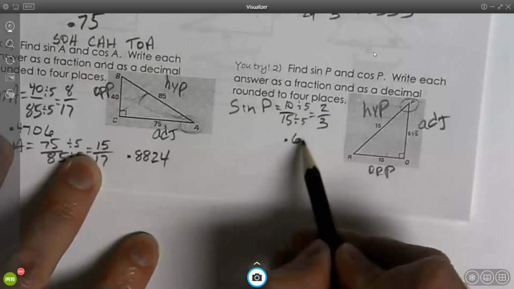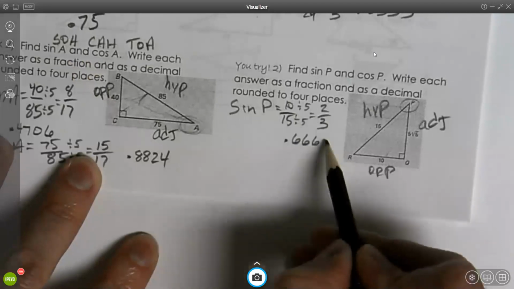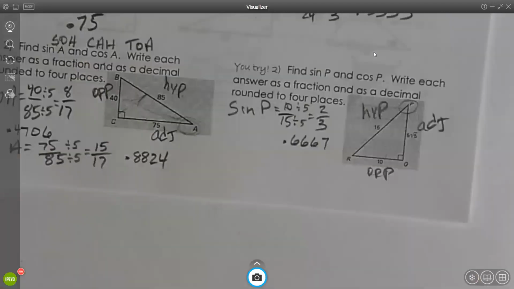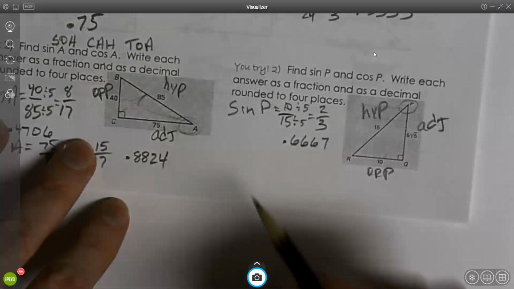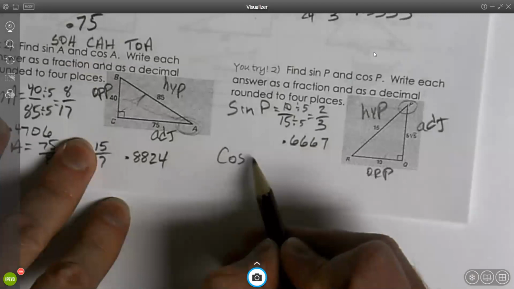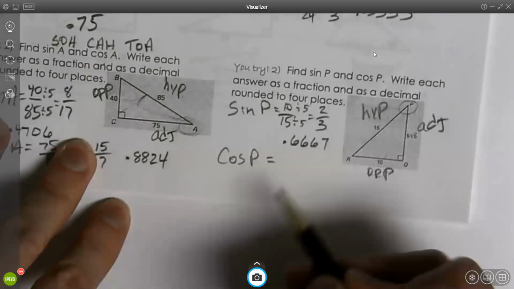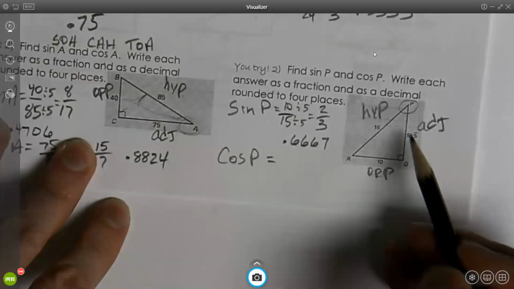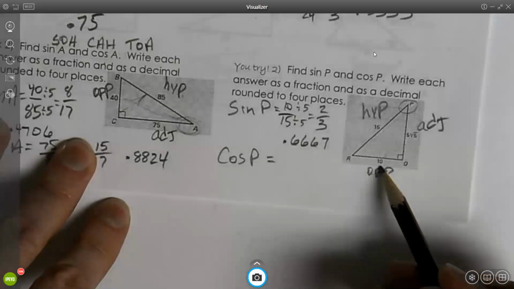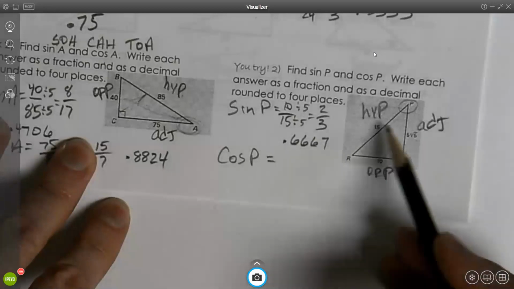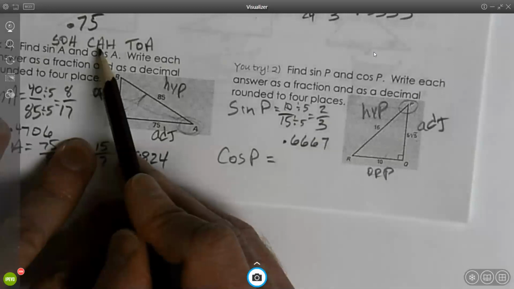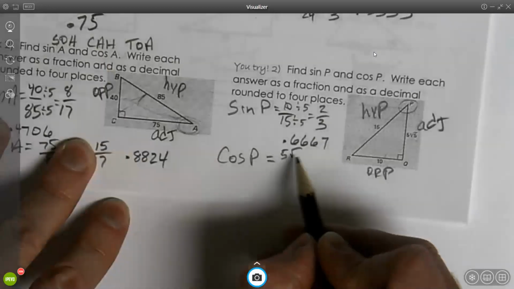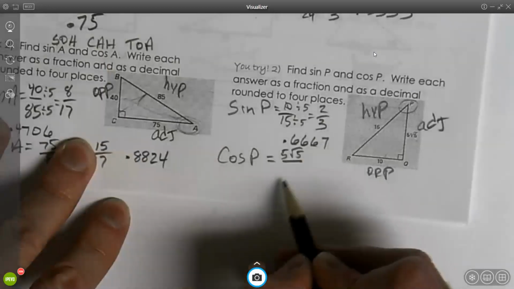That's 0.6667 because the next number would be 5 or bigger. So we round it up. The cosine of P is going to be opposite, actually adjacent over hypotenuse. That's the cosine is AH. So that's 5 root 5 over 15.